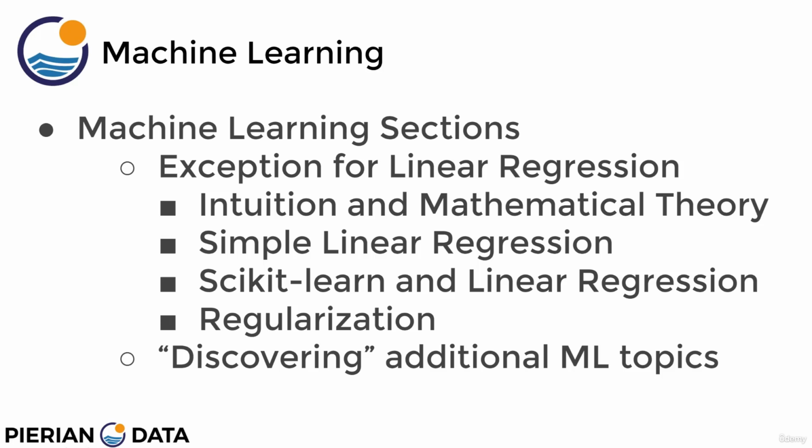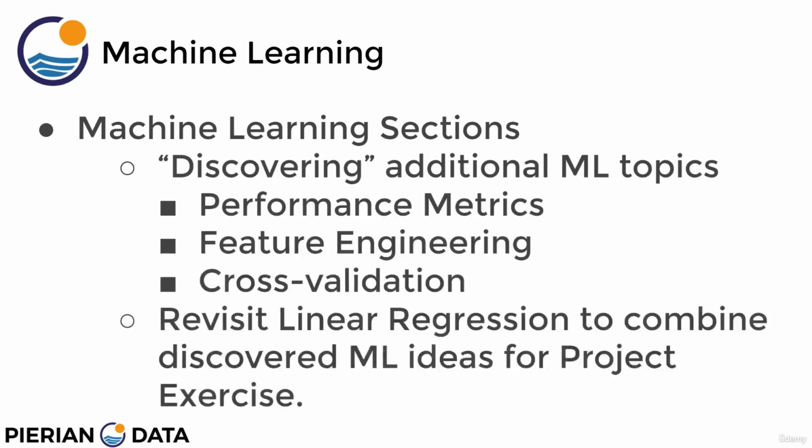So as you're learning about linear regression, we want to give you the motivations behind various machine learning topics, such as understanding performance metrics, feature engineering, and cross-validation. As we get better with machine learning, we're going to discover these ideas as we go along. After all that, we'll revisit linear regression to combine everything that we've discovered for a final project exercise.